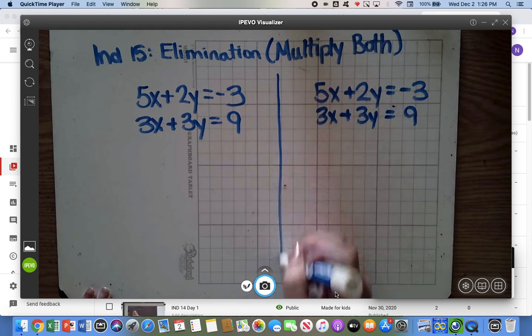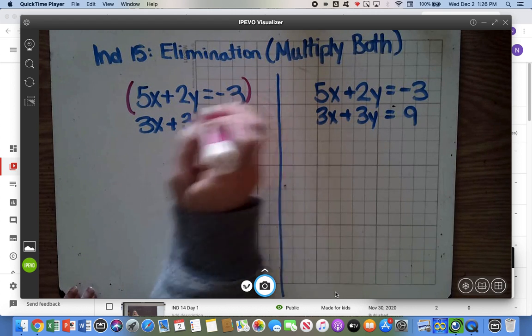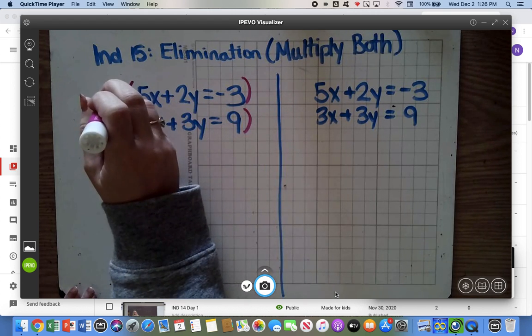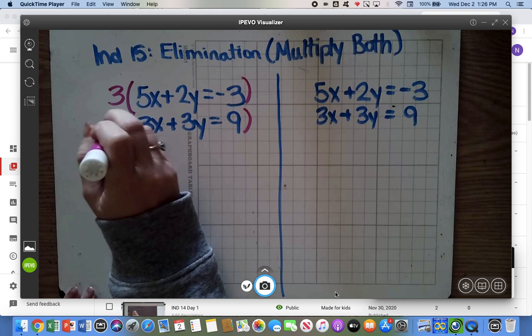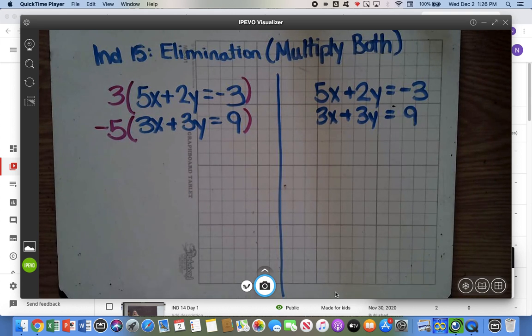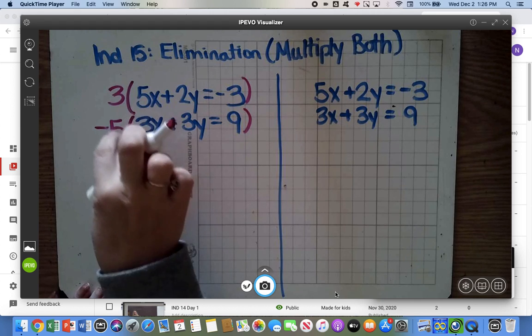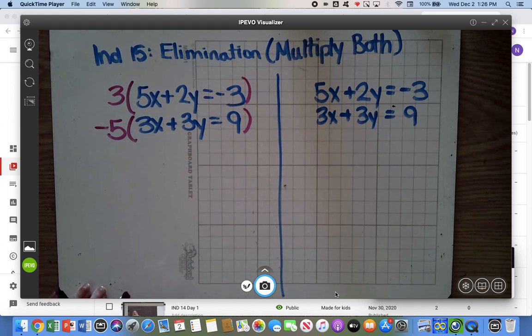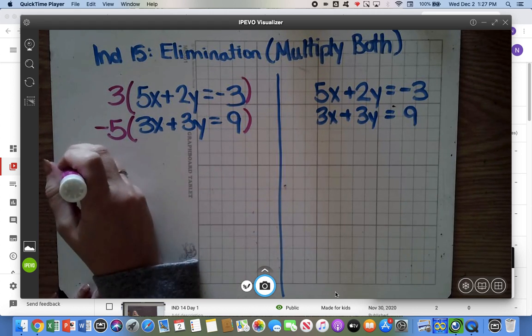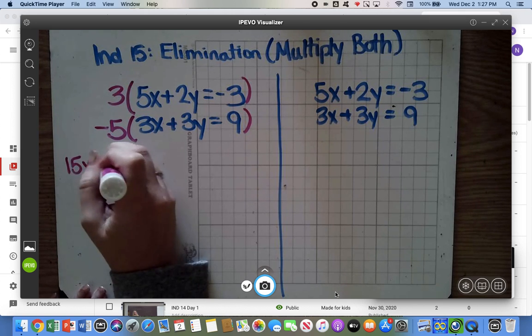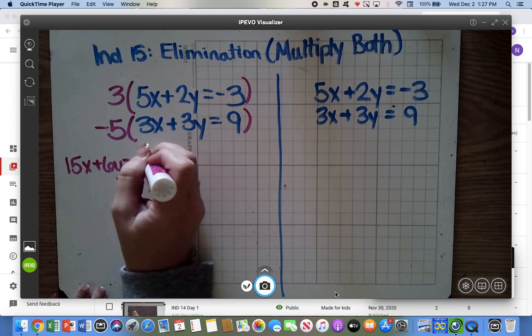All right, so I'm dividing this up because I want to show you can do this both ways. So I'm actually going to show you first how to multiply to make this positive 15 and negative 15. So if you multiply by the opposites on the x's, we got 15x plus 6y equals negative 9.